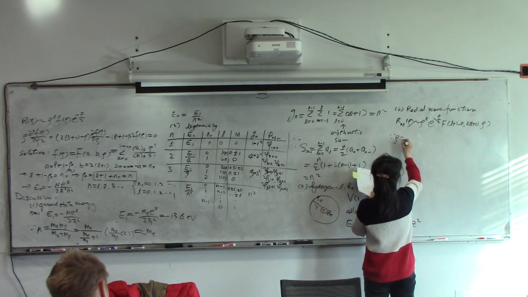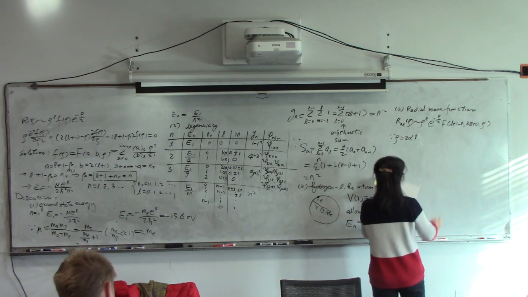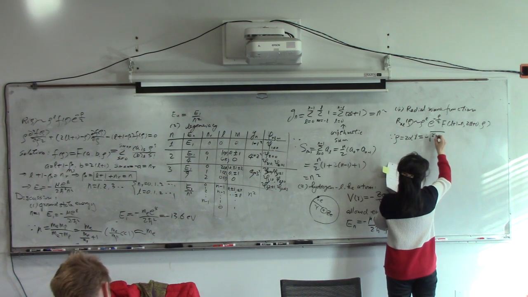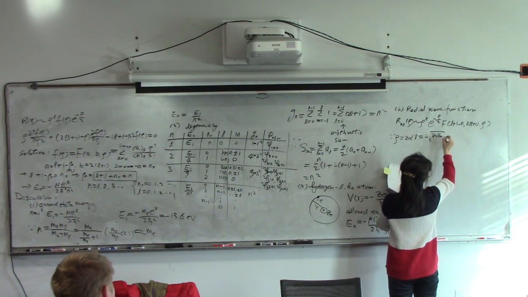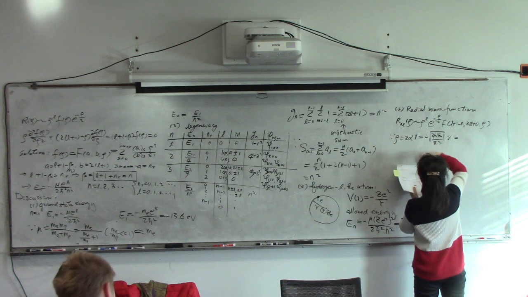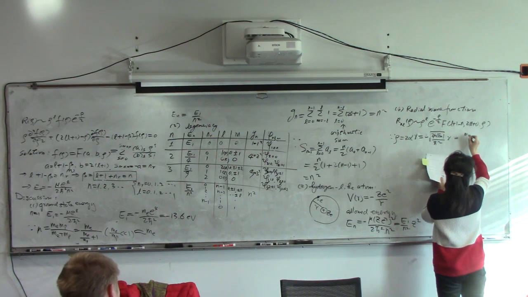Because remember, we introduced rho as 2 alpha r, right? And we know that alpha squared is 2 mu times the absolute value of E_n, since we have an index n here, over h bar squared. Finally, you just substitute the energy, and we find that rho is 2r over a naught n.